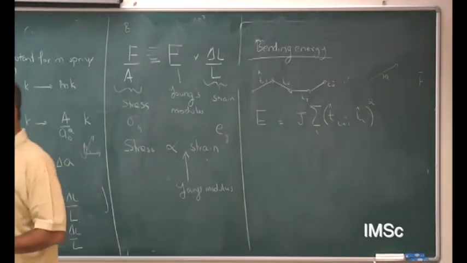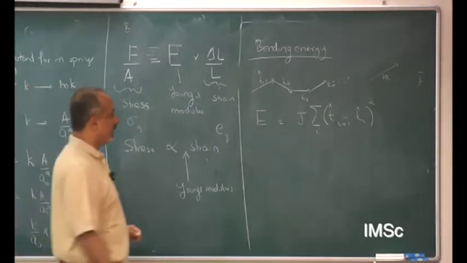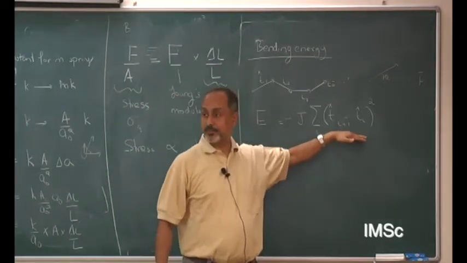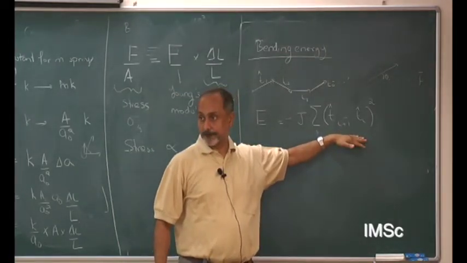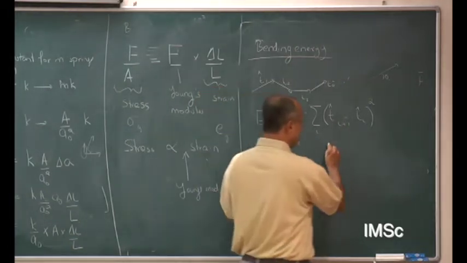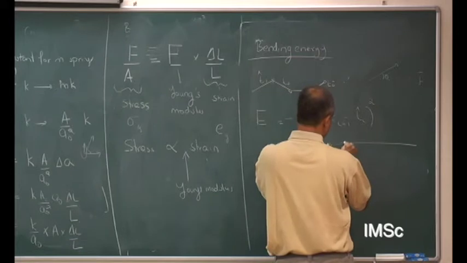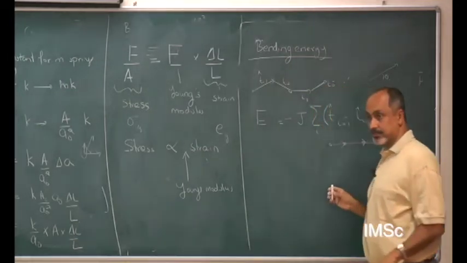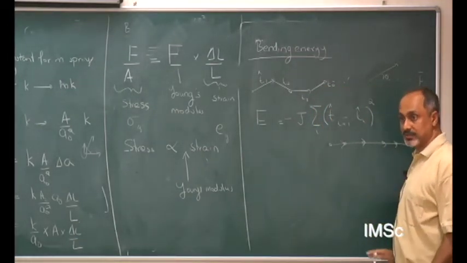What does this mean? First of all, notice I put a minus sign here, so that the lowest energy comes when all the T's are the same. If adjacent T's are all pointing in the same direction, then of course there is no energy cost at all.